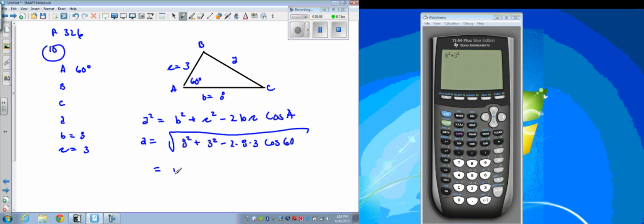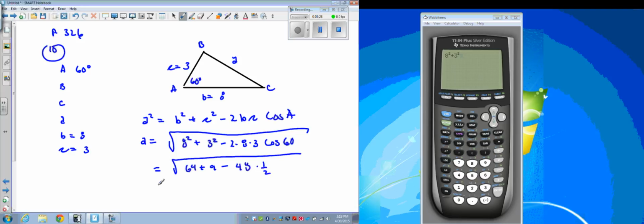So this is 64 plus 9 minus, see, this is 24 times 2, 48. And then cosine of 60 is what? 1/2.